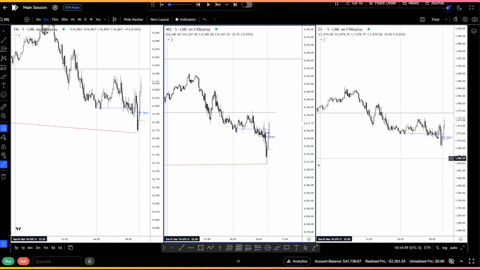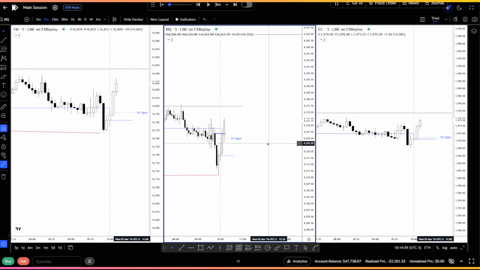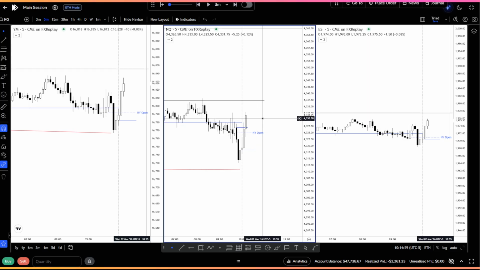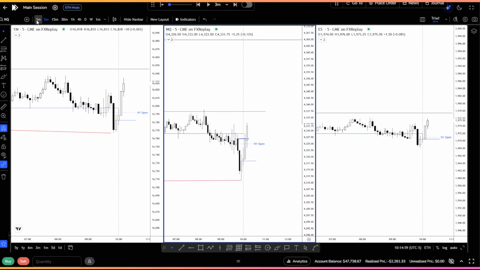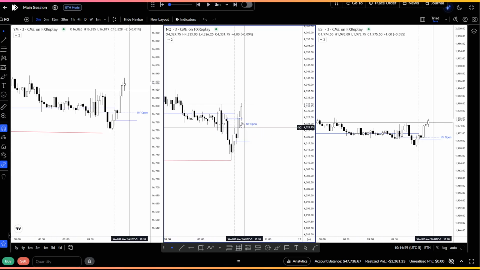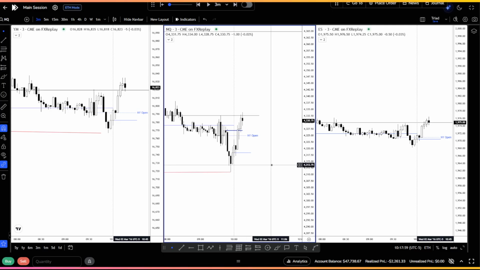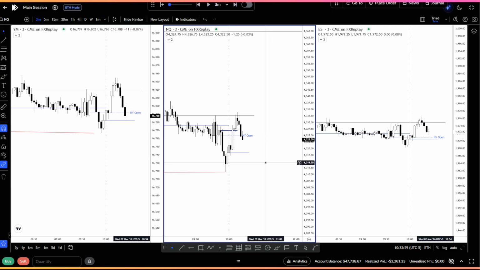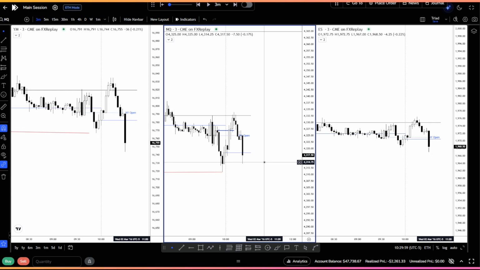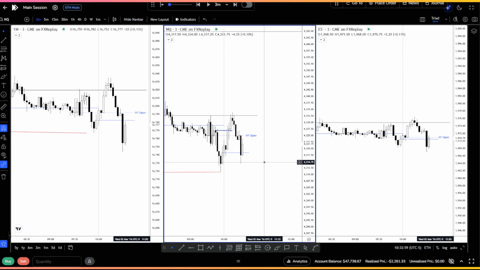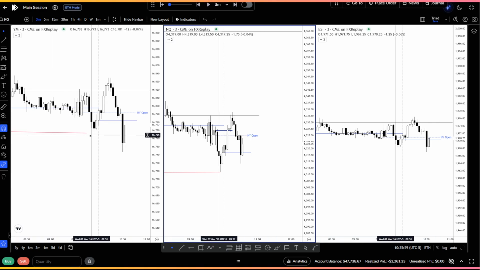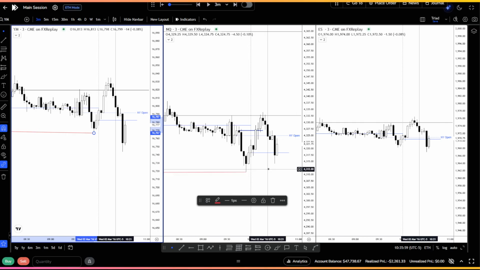I do have enough space to target, so I'll just wait. But this really looks good. I'll wait for the continuation. Oh shit. Good thing that I waited for the continuation, no?